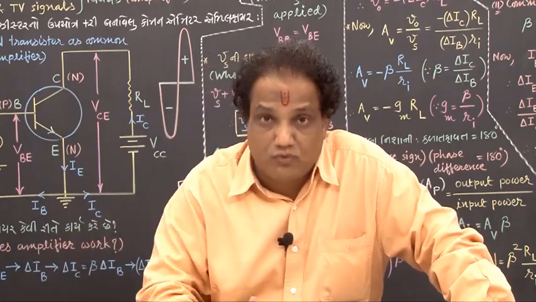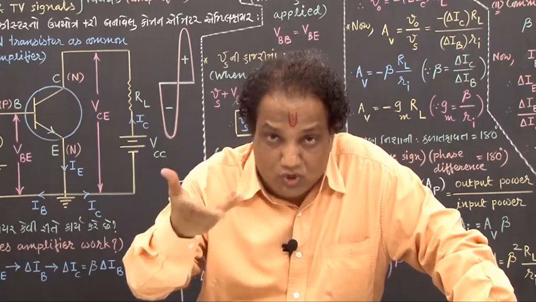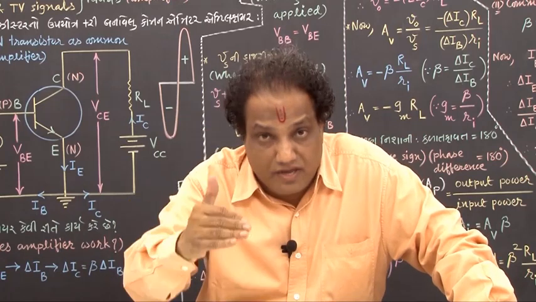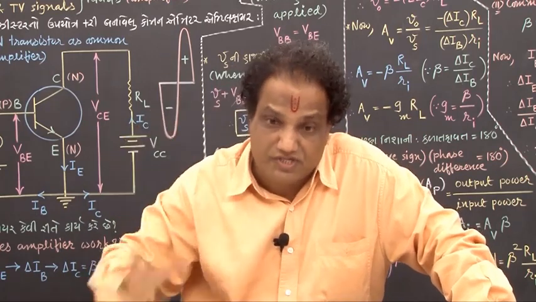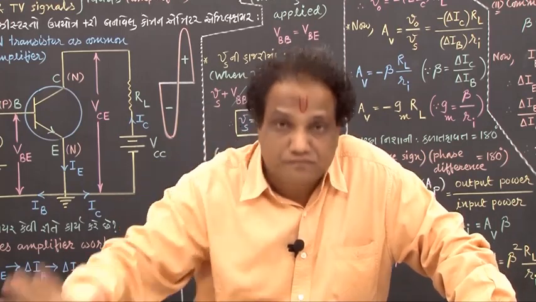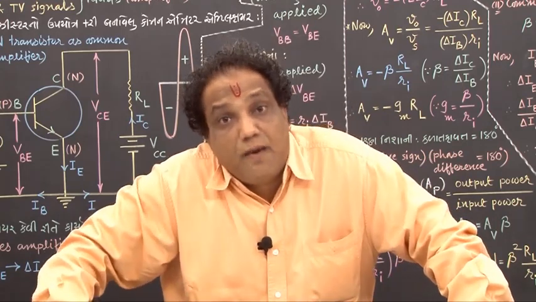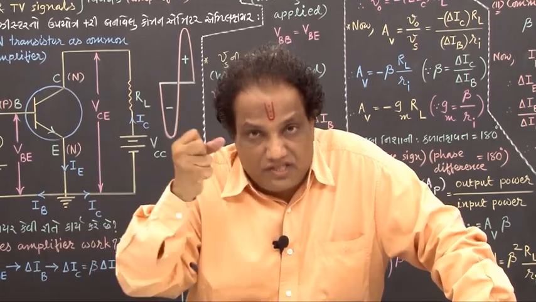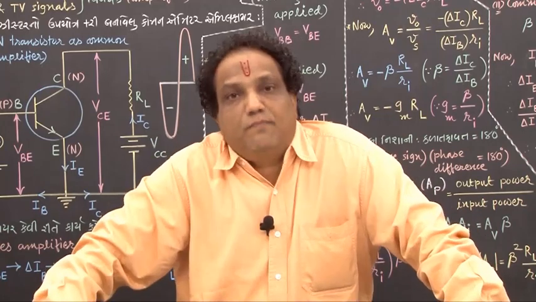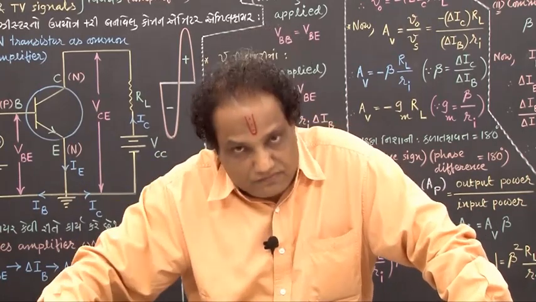To make proper use of them, we first require to magnify them, to amplify them. We try to strengthen them, to increase their magnitude, and that process is known as amplification, correct?